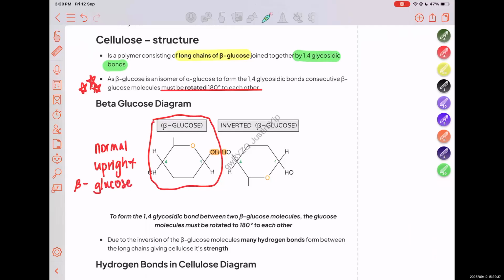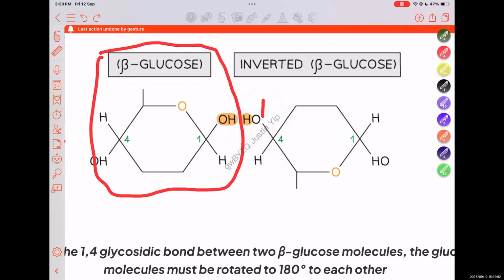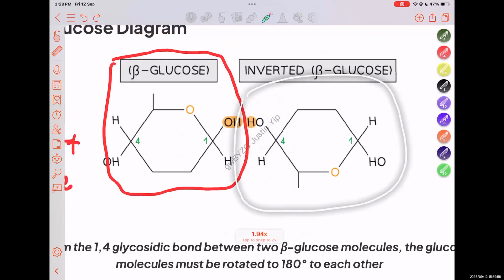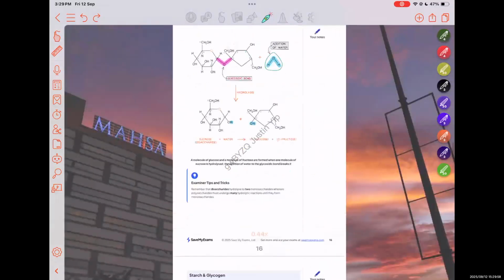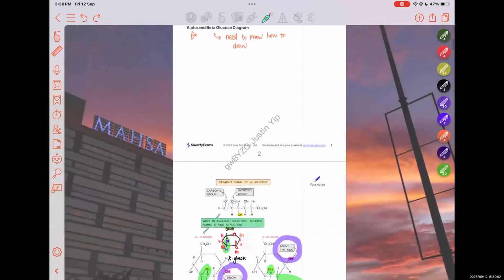When you want to form a glycosidic bond with your next glucose, initially the OH here should be like that, right? H, OH. But instead, you invert it. This one needs some imagination. Let me go back to the beta glucose we learned before.